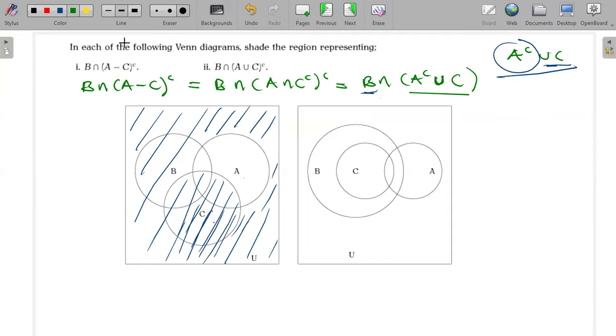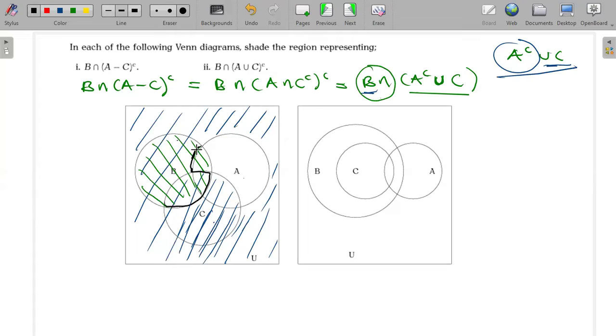So you just intersect B. Intersecting B, you have this part here. So this is the set B. You shade the set B, all parts of the set B. Okay, and then now you look at where the lines crisscrossed. So the lines crisscrossed everywhere apart from this part here, like that, and then there, like that.